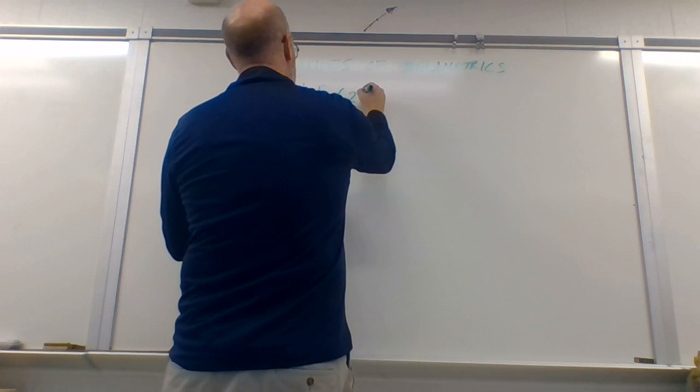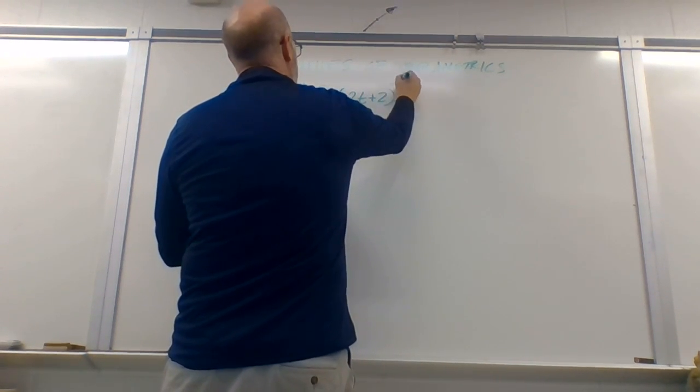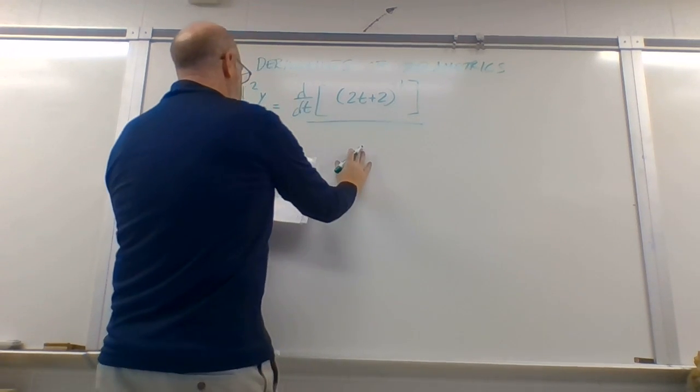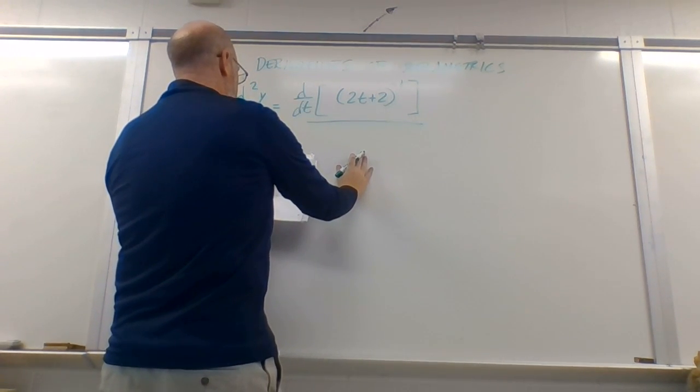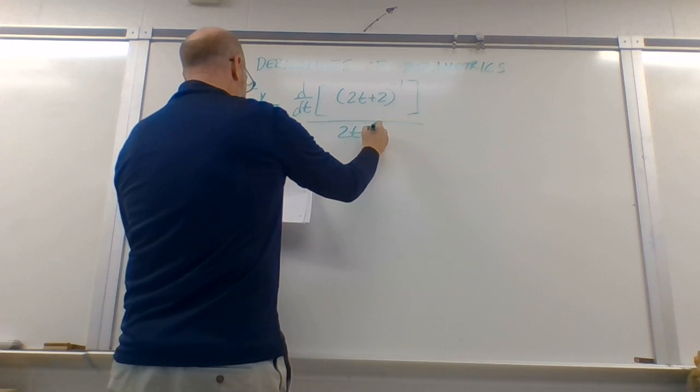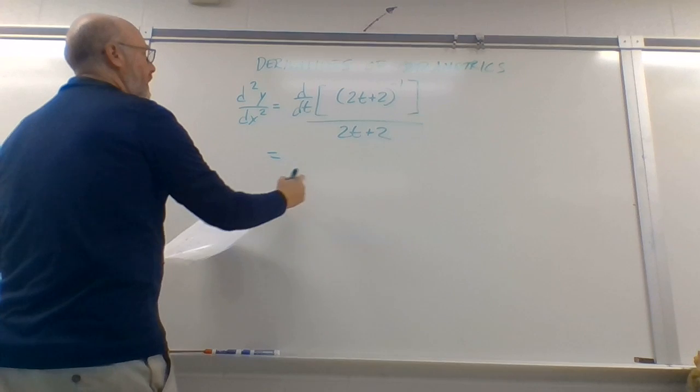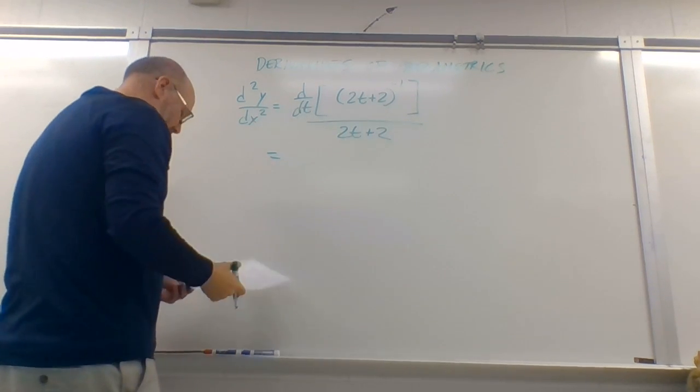I wrote it as 2t plus 2 to the negative 1. And then what was dx over dt? 2t plus 2, wasn't it?